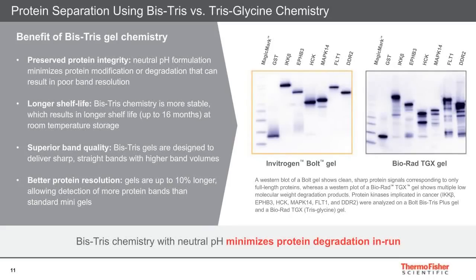A Tris-Glycine gel cannot be stored as long at room temperature because of its higher reactivity and its comparatively shorter shelf life. It is also known for quite some time now that a neutral pH environment during electrophoresis improves protein stability, which enables sharper band resolution and provides accurate results.